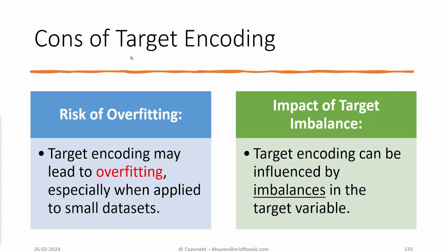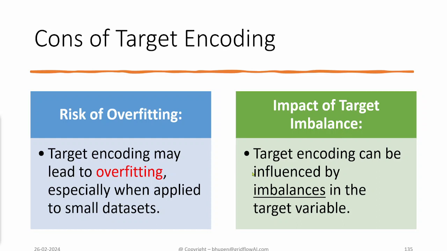There are some disadvantages also of target encoding: risk of overfitting, especially when the data set is small, like 1,000 samples or 5,000 samples. It's good when you have a very large data set. The impact of target imbalance can also be a problem.